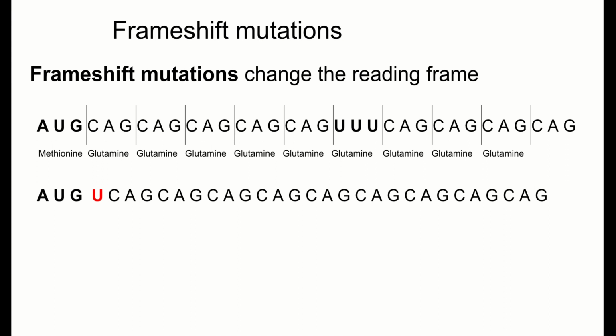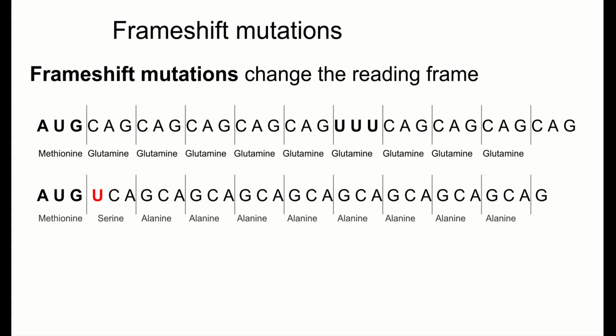Instead of having my normal codons, now everything's kind of shifted over by one because I inserted an extra U. Now I'm going to have a methionine, then a serine, and now I have a bunch of alanines over and over. Notice how these two amino acid sequences are just completely different. By the way, I'm noticing this weird UUU on the top line. I'm sorry, that is a typo. Please ignore that.